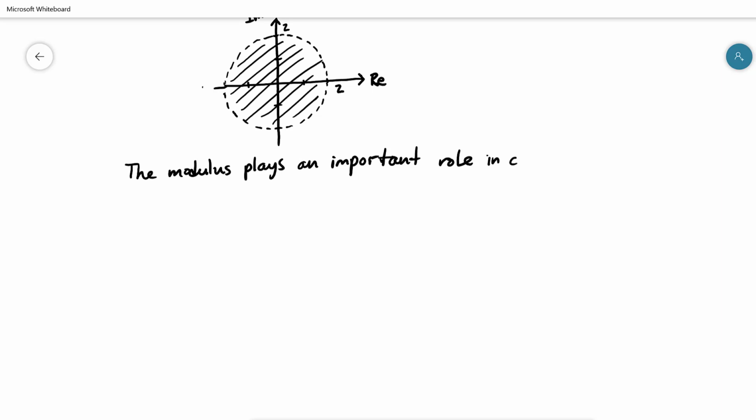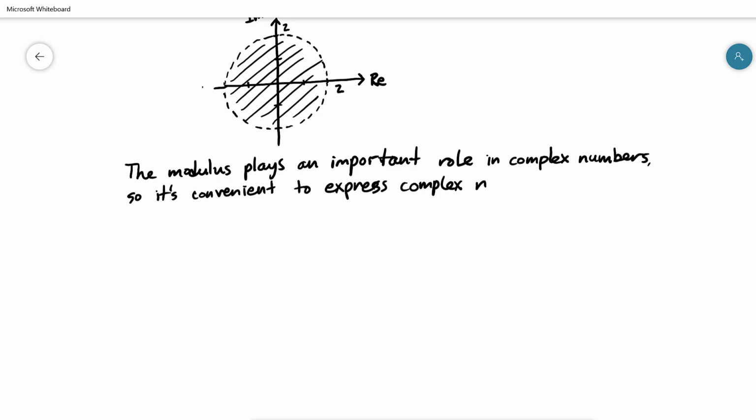So it plays an important role in the field of dealing with complex numbers. So it's often convenient to express these numbers in their polar form, which is going to utilize this modulus piece. So let me focus on that here, the polar form of complex numbers.